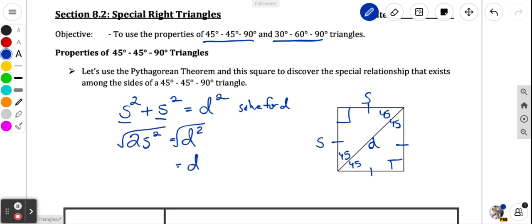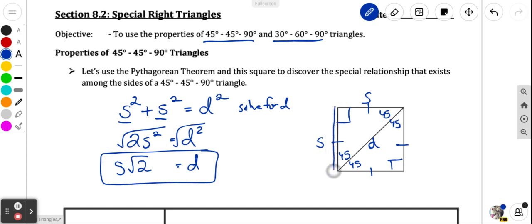Now let's see, how can we simplify this? 2 is not a perfect square, but S squared is. The square root of S squared is S, so I can take that out, and then I have the square root of 2. So I've now successfully solved for D. D, the diagonal or the hypotenuse in this triangle, is equal to the side times radical 2.